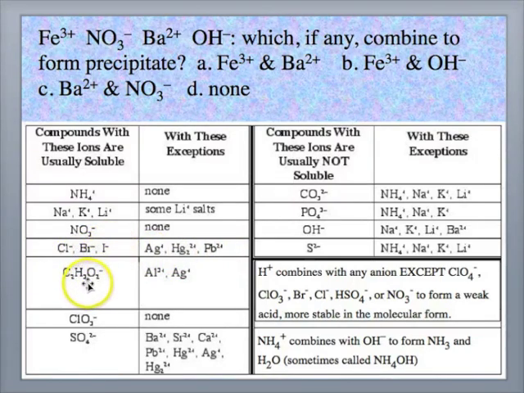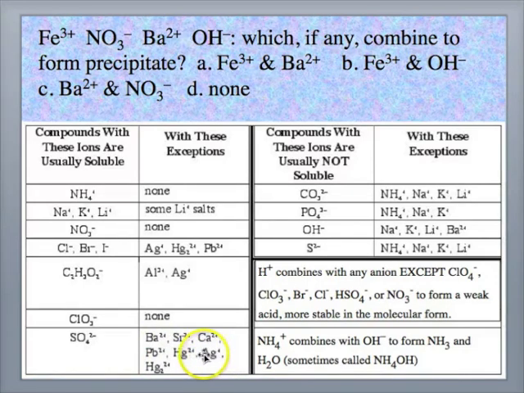Acetate ion is mostly soluble, except for silver acetate. And chlorate, again like nitrate, no exceptions. Sulfate, almost all are soluble, except the alkaline earth elements, barium ion, strontium, calcium, as well as lead, mercury, and silver.